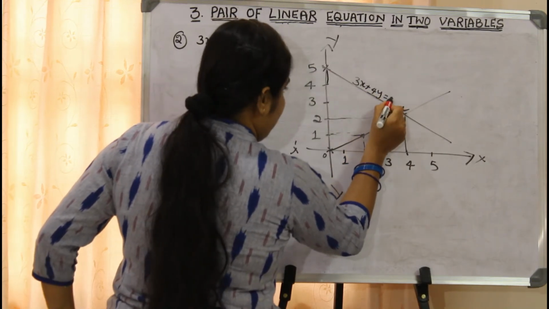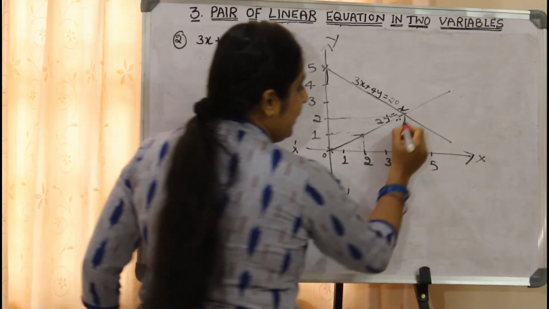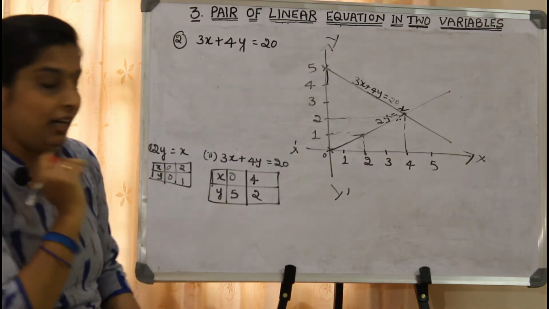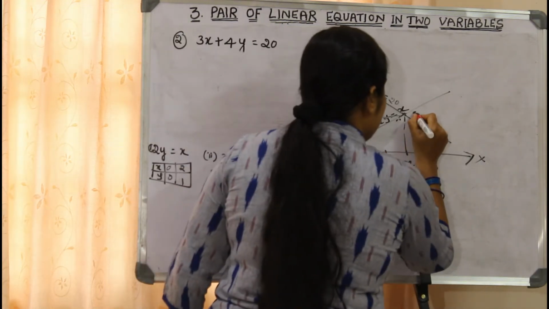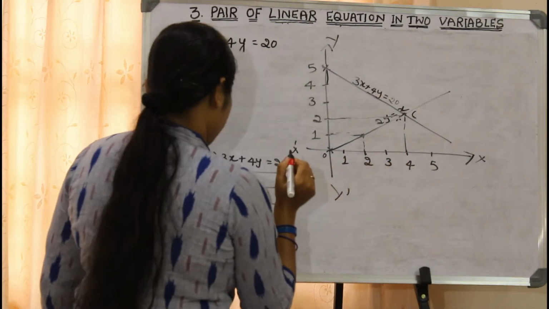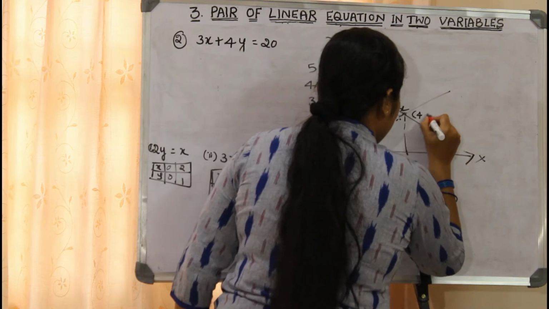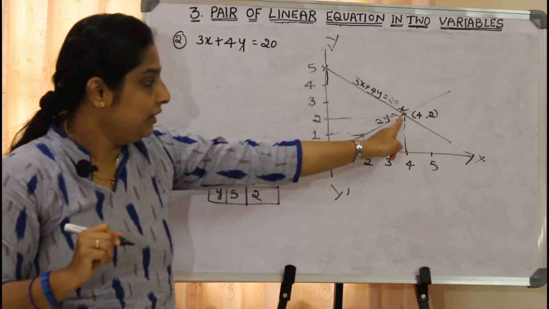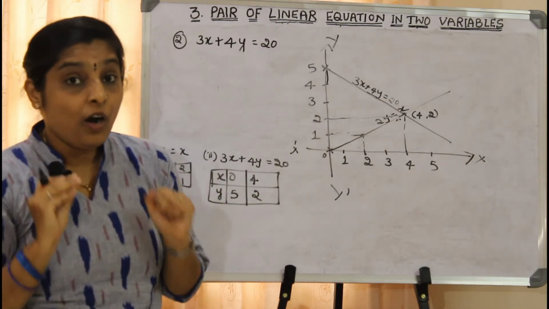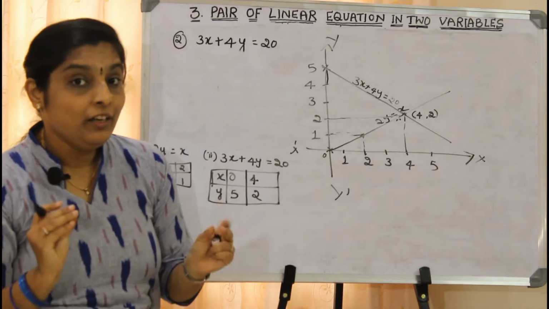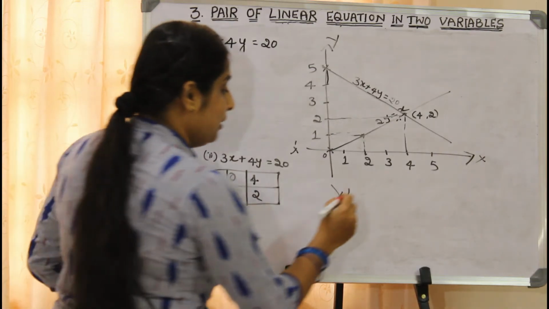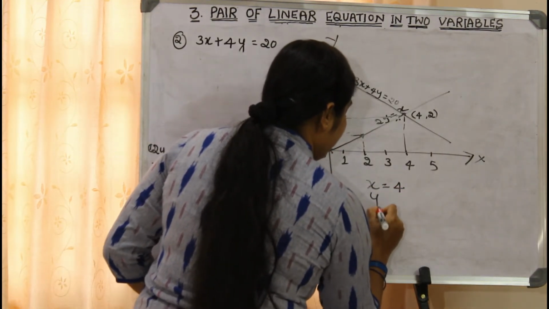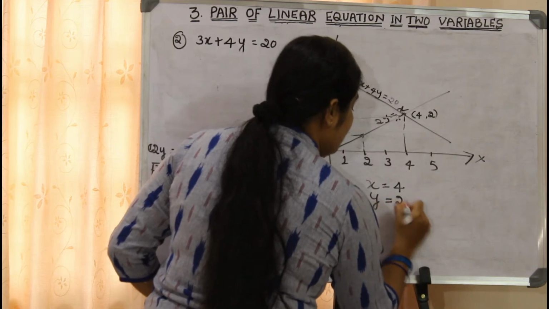So if I draw the graph like this, this is the second one, 3x plus 4y is equal to 20. You can see that both the lines intersect at one point. Which is the point? This point is nothing but 4, 2. What are the x coordinate and y coordinate for that point? The x coordinate is 4 and the y coordinate is 2.